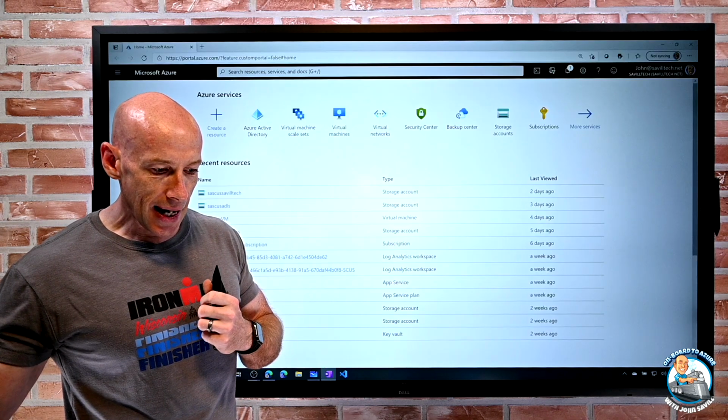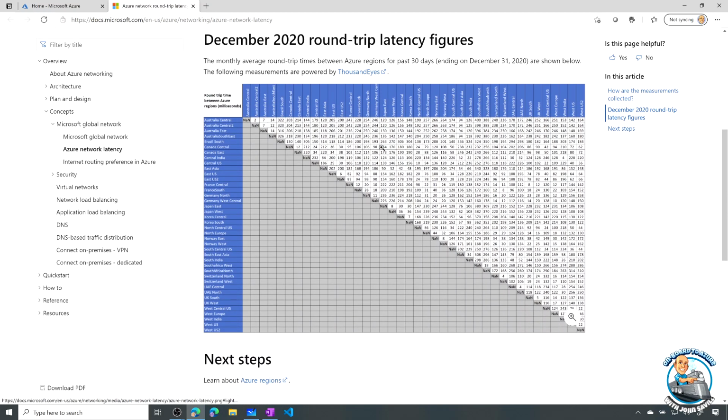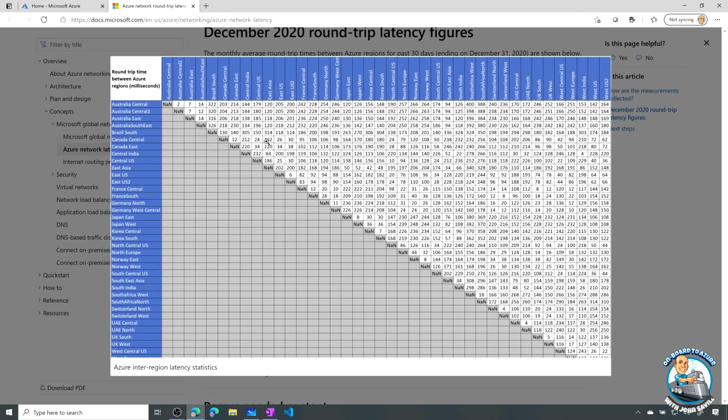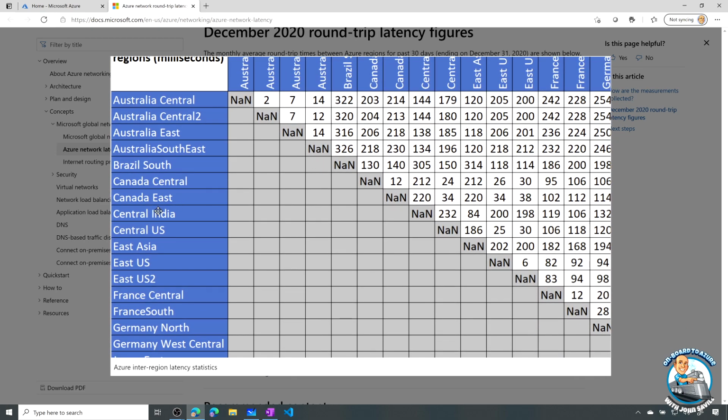Now, Microsoft do maintain a latency map. If we jump over to this website, we can actually see it talks about network round trip latency statistics. I can click on this, and I could actually go and see, for example, if I'm talking about, let's say, Central US, and talking to East US, I can see that is 25 milliseconds.